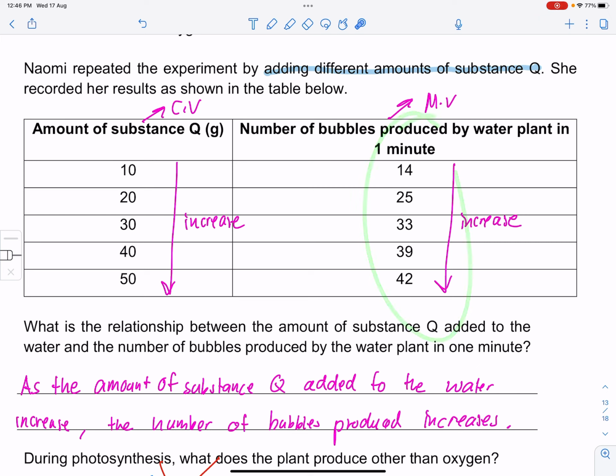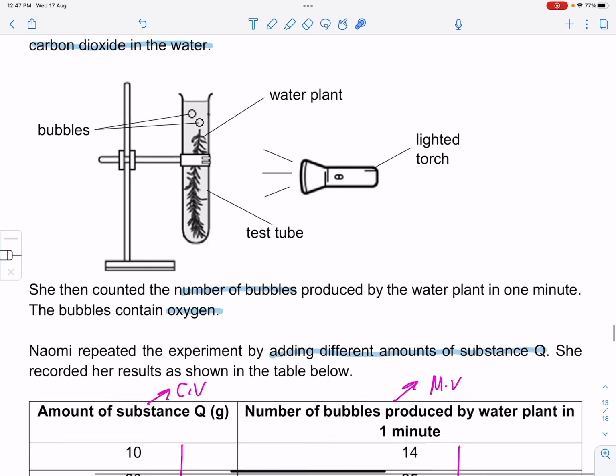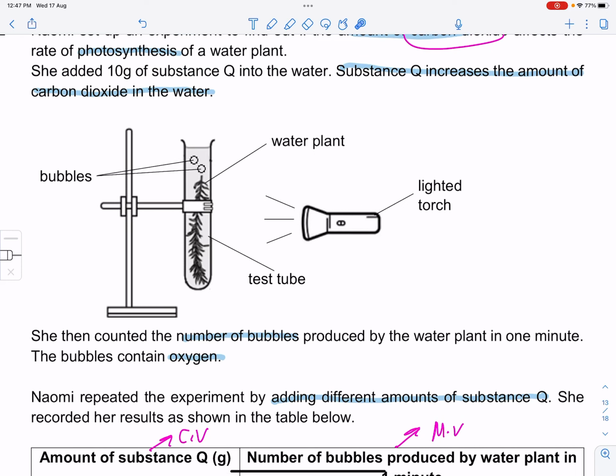So everything else except the amount of substance can be listed as an answer, provided you give a quantifying term. For example, please don't tell me things like test tube. Are you talking about the thickness of the test tube, the brand of the test tube, the color of the test tube, the type of the test tube?